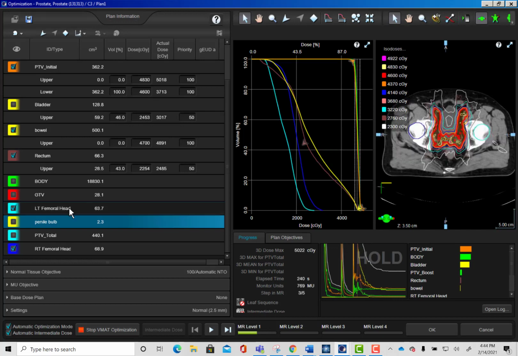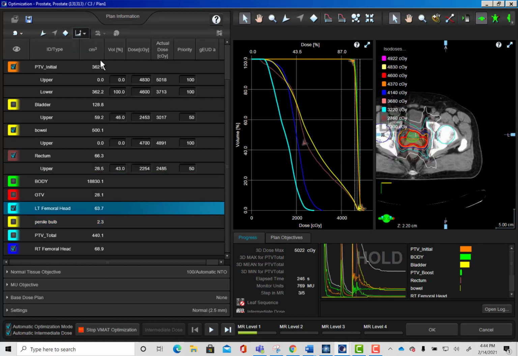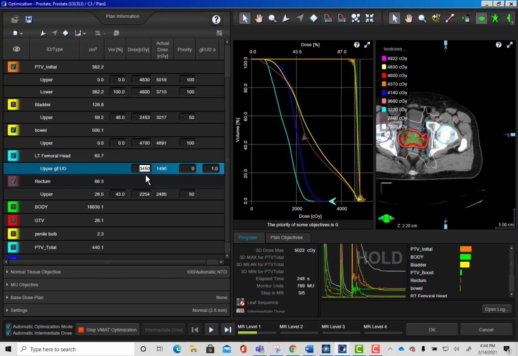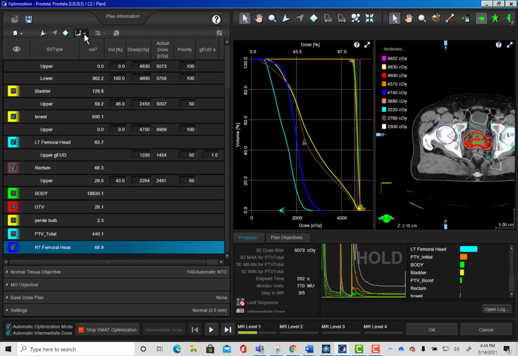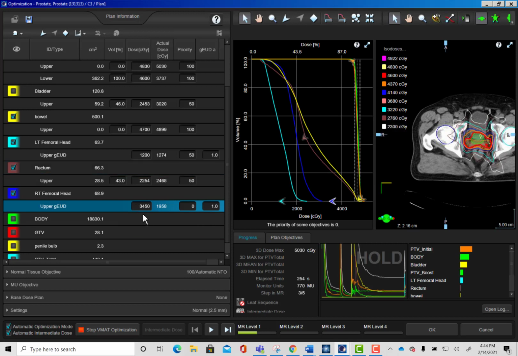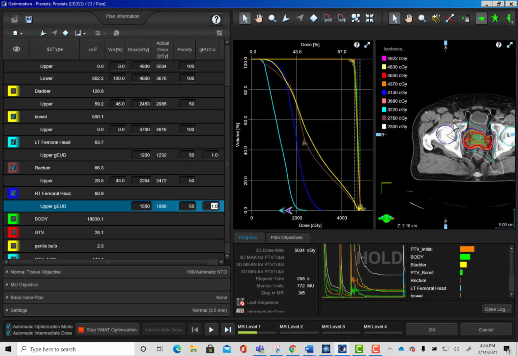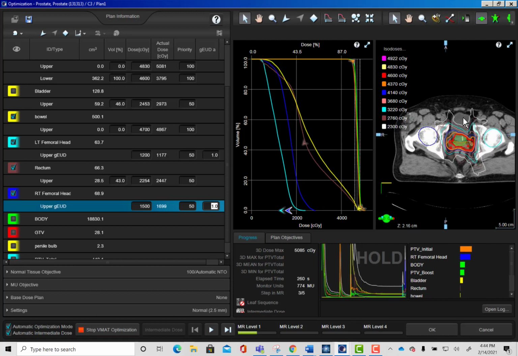Anyways, the dose here isn't too high. I don't have anything specific here, so I'm just gonna add my EUD and see if we can lower it a little bit on both sides. I'm not gonna push super hard though on these because essentially I want to carve as much dose out of the bladder and rectum as I can, right?